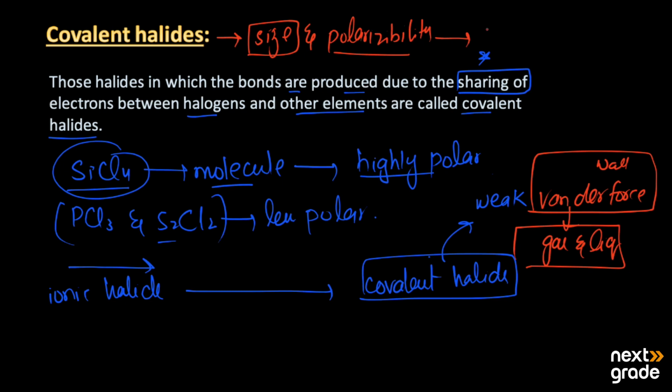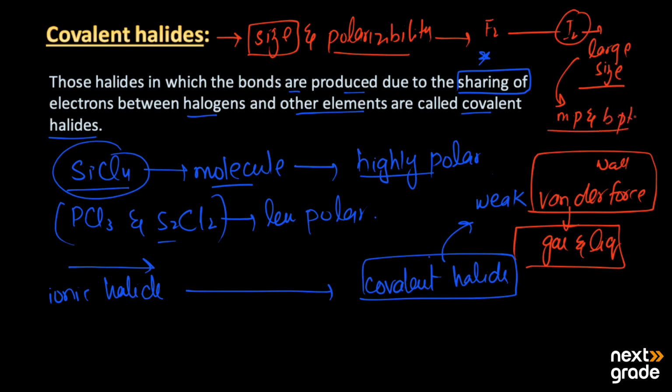So when we move top to bottom from fluorine to iodine, iodine is very large in size, and its polarizability is also very strong. That's why it has very high melting and boiling points among the covalent halides. So iodine is the strongest covalent halide among all these.